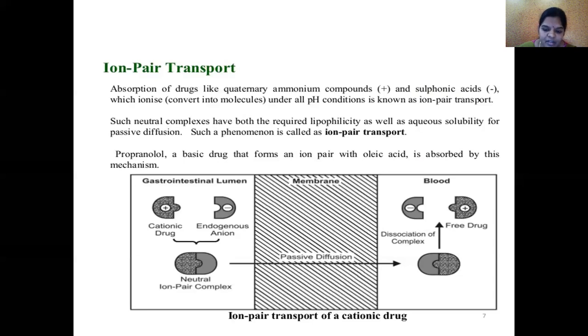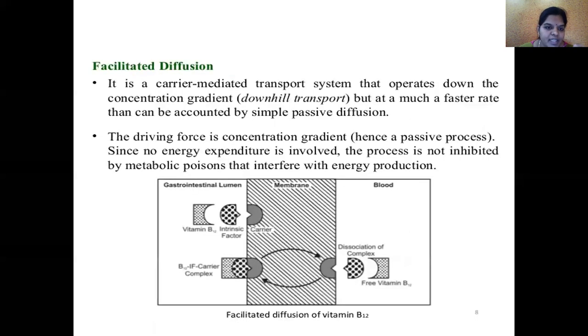Clearly explained, right? And the next one is facilitated diffusion. We discussed passive diffusion, ion pair diffusion, pore transport, and the fourth one is facilitated diffusion. These all come under the transcellular mechanism for GI absorption.